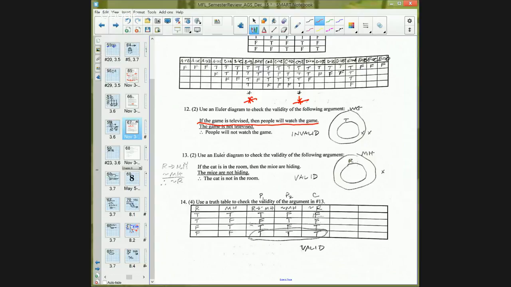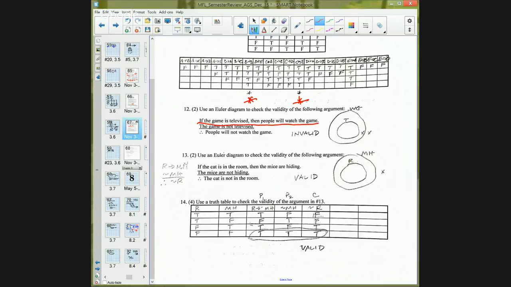So 13 was the same as number 12? Oh, no, I'm sorry. 13 you were supposed to do with an Euler diagram again. If the cat's in the room, then the mice are hiding. So the if part, again, has to go on the inside. You don't have to code it with the letters I did; you could have called it C for cat. That would have been fine.